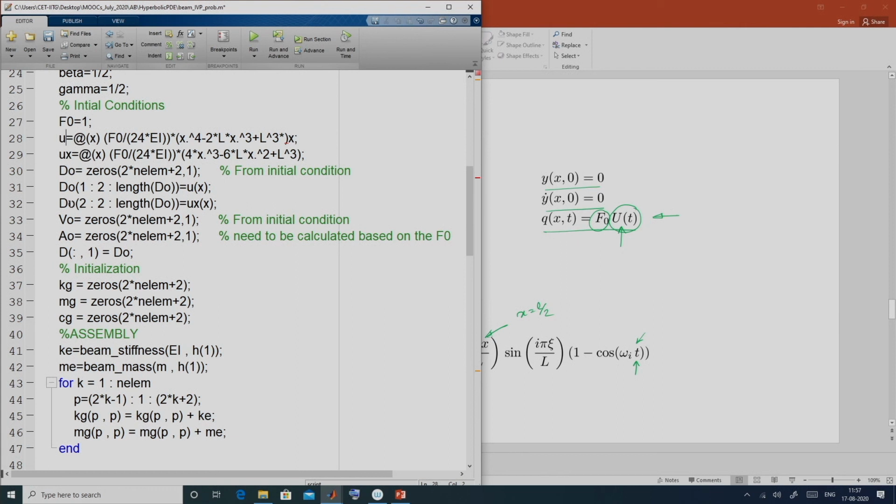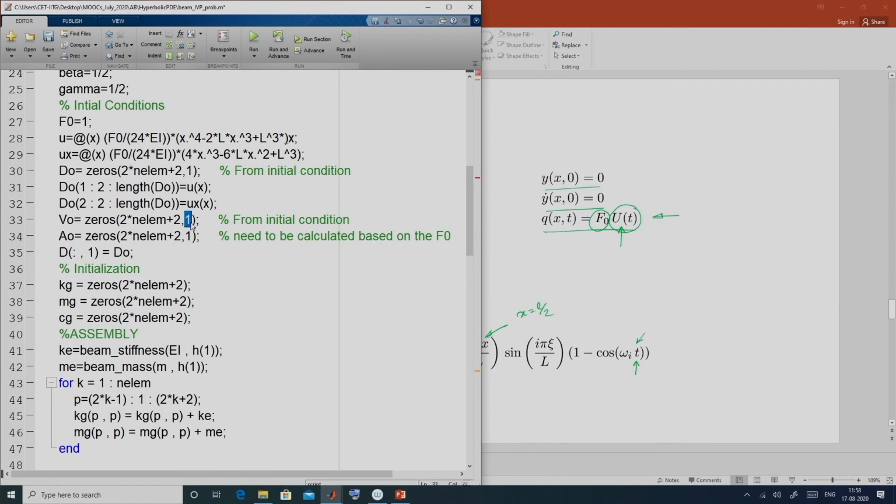The velocity is 0 in this case, but the second DOFs are obtained from the slope expression. So from the given displacement I have to calculate the nodal displacement: the first DOF represents displacement, which I obtain from u, and the second DOF corresponds to the slope, which I obtain from u x.